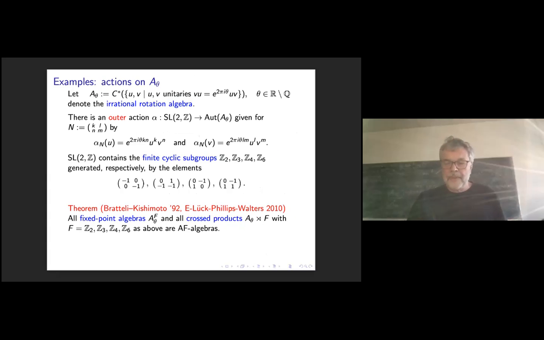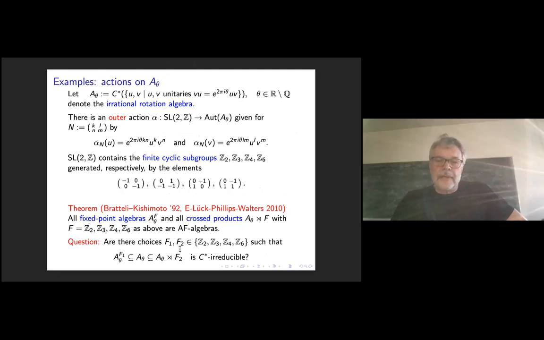So the question is, are there choices F1, F2 in this list such that if I take the fixed point algebra A theta to the F1 and include it in the crossed product by the other, A theta crossed F2, this is C-star irreducible? And if this is so, then we get, of course, A theta as an intermediate algebra.